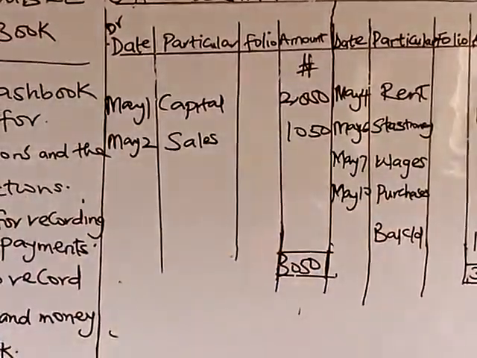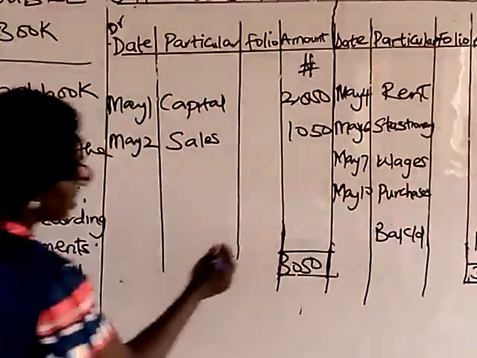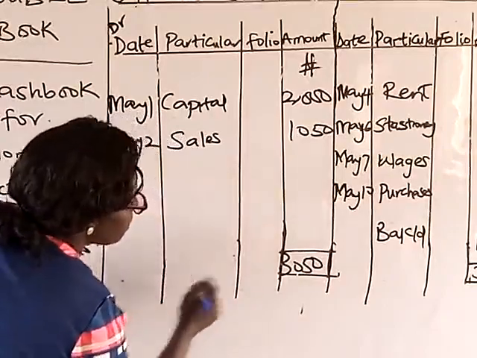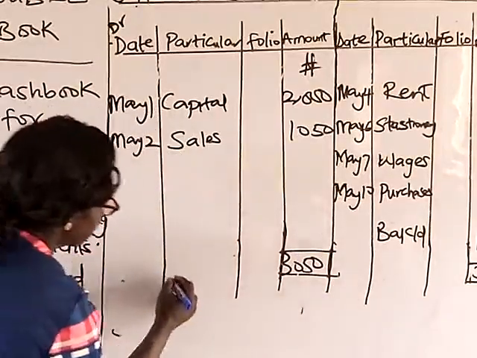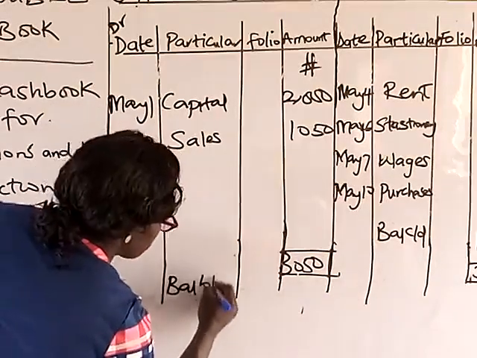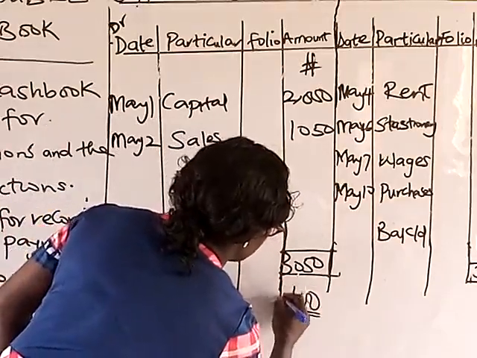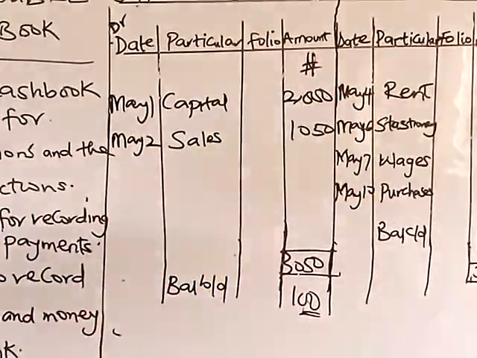So we now go to the debit side again and transfer the balance carried down here as our balance brought down for 100 naira. So that ends the correction.